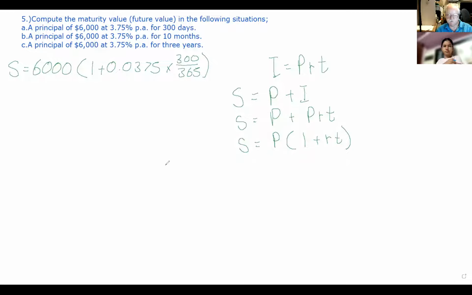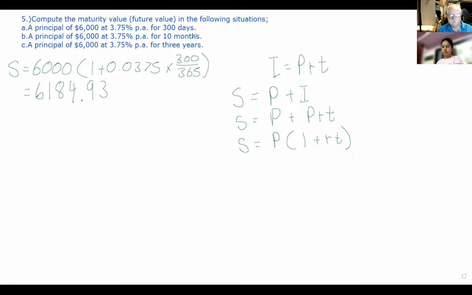Start with the 300 divided by 365, then times the 3.75%, and then do the plus 1. If you do 1 plus 3.75% first, bad things will happen and life will go downhill from that point on. So then times 6,000, and I'm getting 6,184.93.